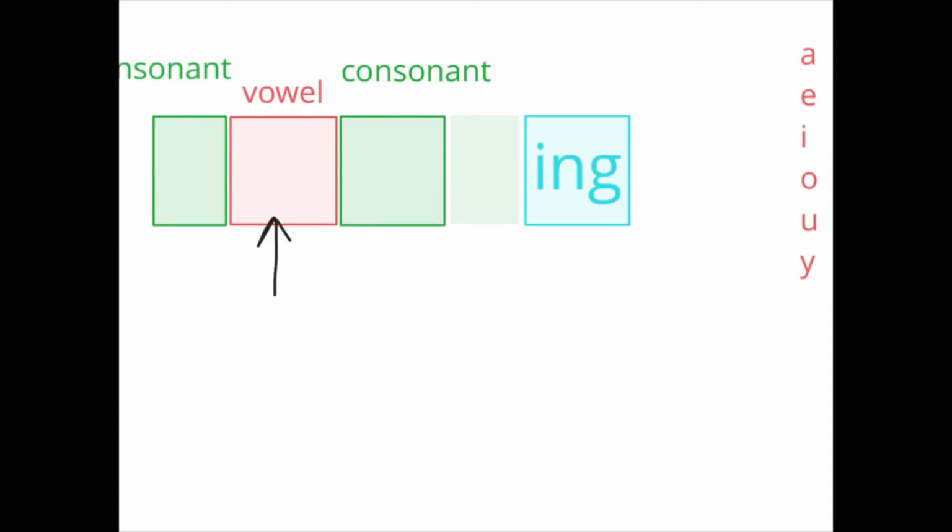If in our vowel box it is just one letter, that means no digraphs, and if in our last consonant box it is just one letter, no digraphs, no blends, then we will double the final consonant. That's it. So let's try it out. Let's try the word read.